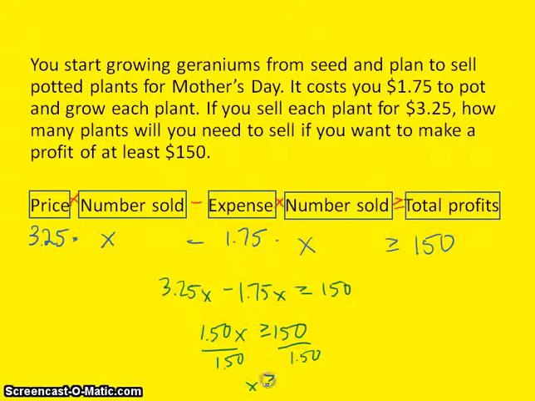That means X is greater than or equal to 150 divided by 1.5, which is 100. So in order to make at least $150, we have to make 100 or more pots to sell.